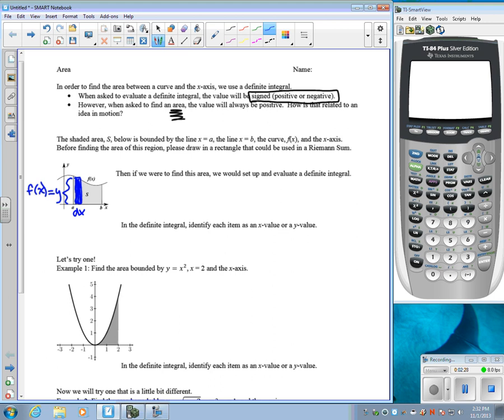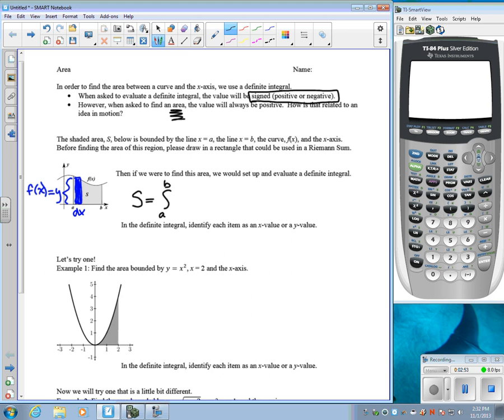So to find this area, we would use a definite integral. What this definite integral is going to do is add up all of these rectangles as our dx gets smaller and smaller. So our definite integral is actually an accumulator, accumulating all of the areas of these rectangles.